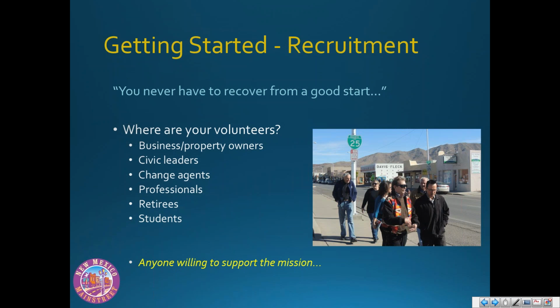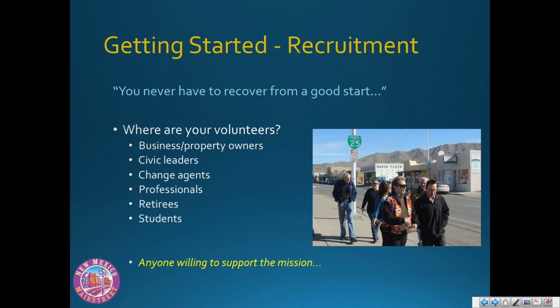Traditionally, boards are made up of a bigger component of business and property owners from the district, and civic leaders that are already in the community working on change and would like to continue that change in the downtown districts. Professionals, whether lawyers, realtors, accountants, pretty much any skill.